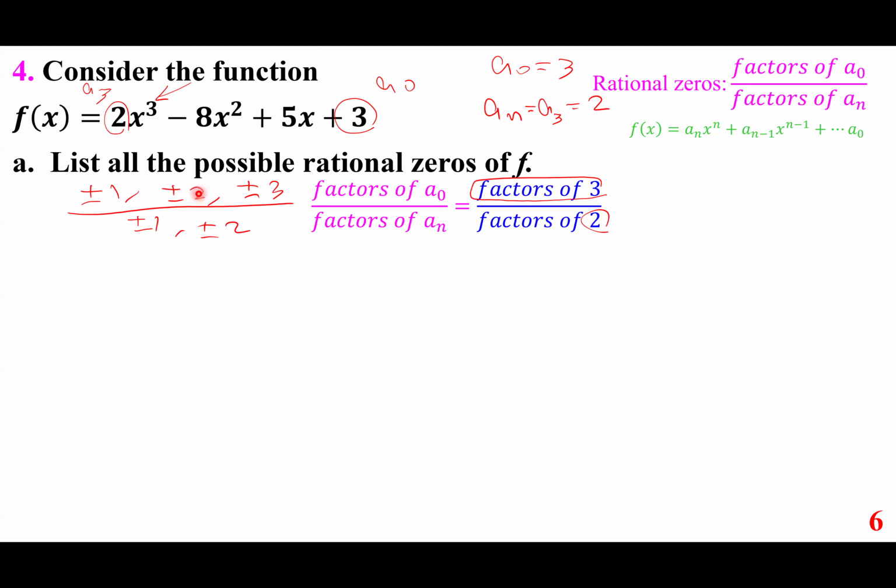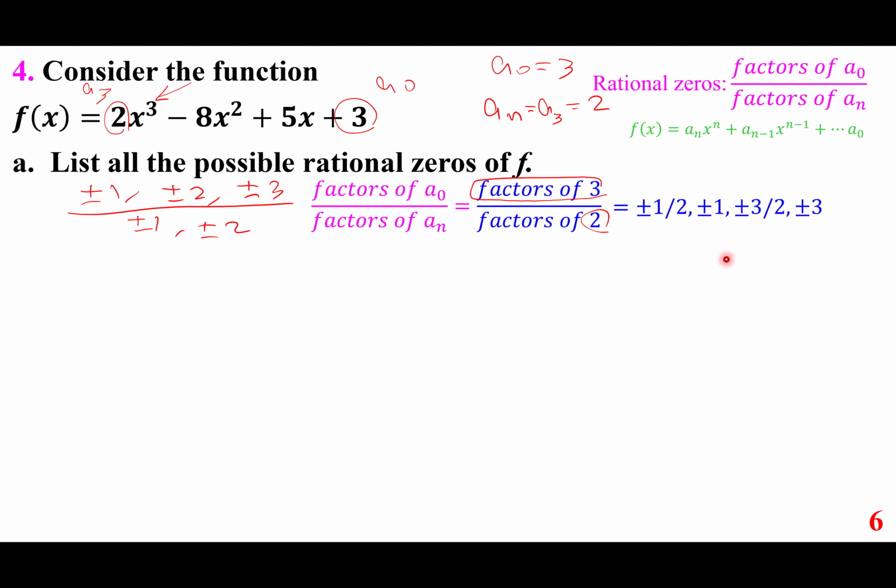If you divide this one by this one, you get plus minus 2. By this one, you get plus minus 3. By this one, you get plus minus 3 halves. And these are all possible zeros, which means if this is supposed to have a rational zero, can't be any other number.